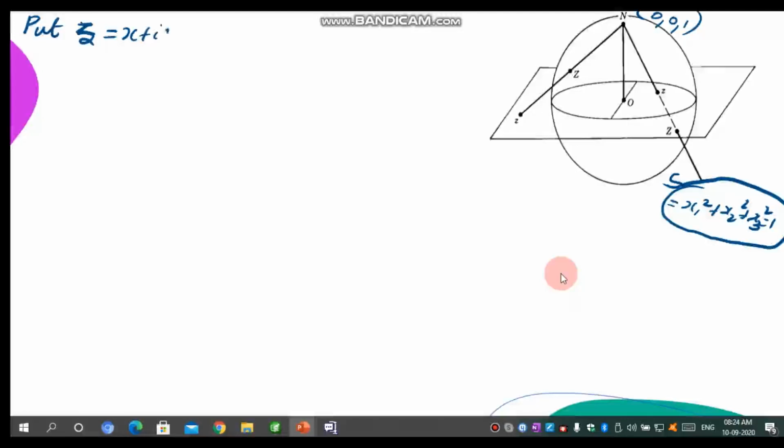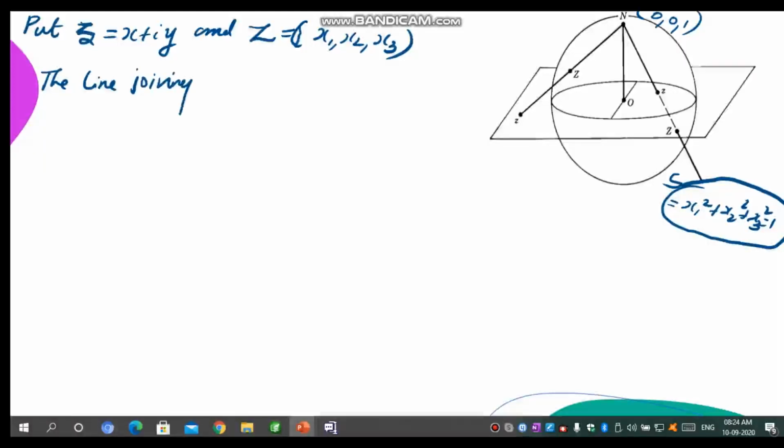Okay, so what we have is small z written as x plus iy. So that's a point on the plane, and capital Z is written as x1, x2, x3, the corresponding point on the sphere. Now we will find the equations expressing x1, x2, x3 in terms of x and y.